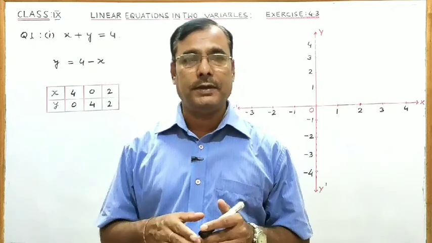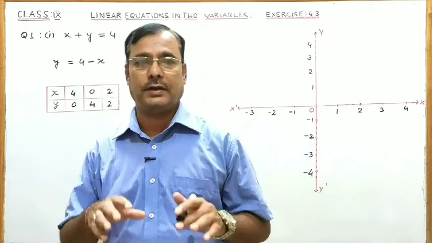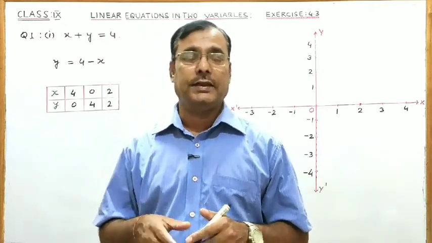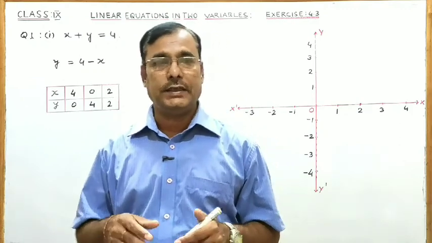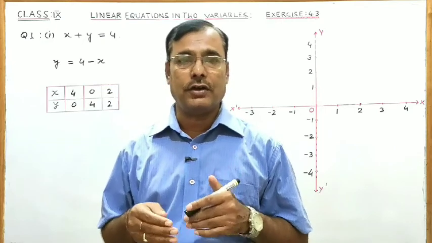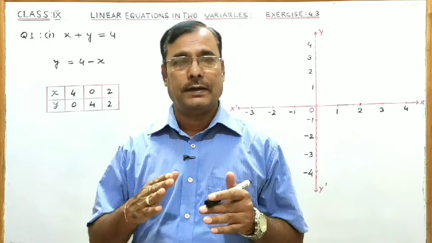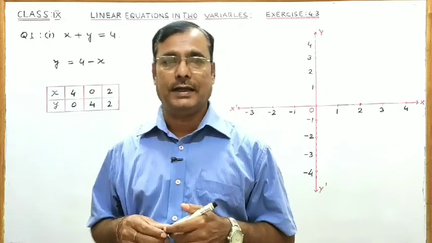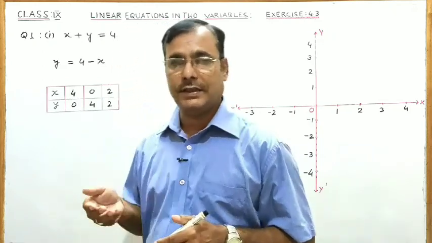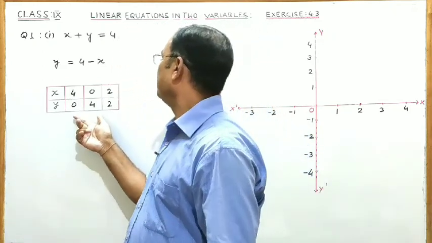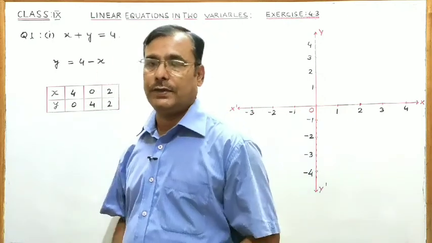But if you have 3 solutions and you plot 3 points on the graph paper or on a coordinate plane, then the correctness of the graph will be more. And in case any error occurs, the 3 points cannot lie along the same straight line. So for this reason, it is suggestive that you write 3 solutions in this table of the given linear equation.